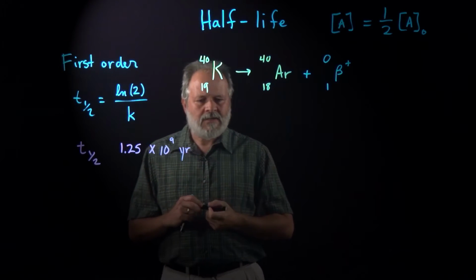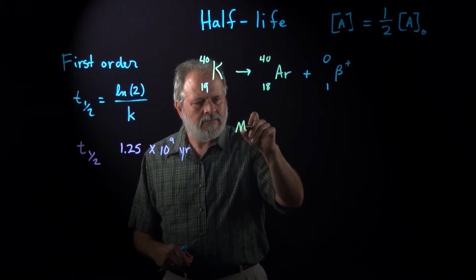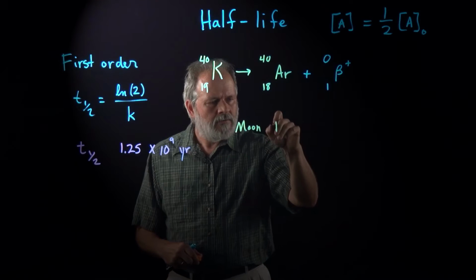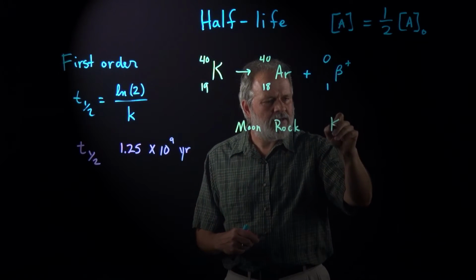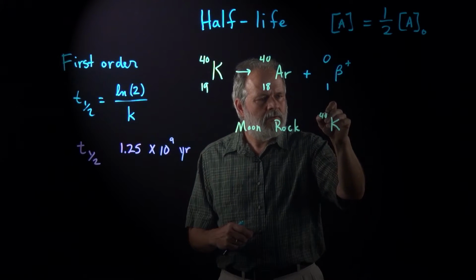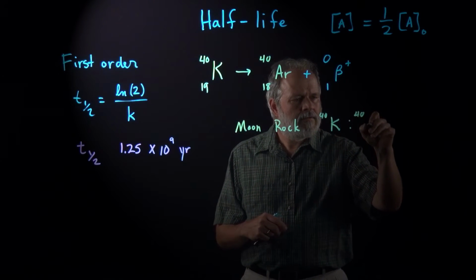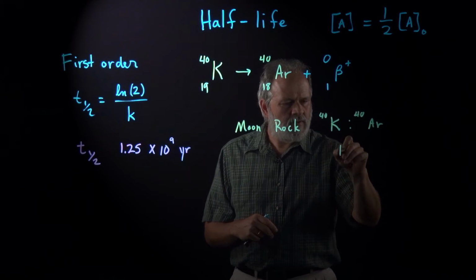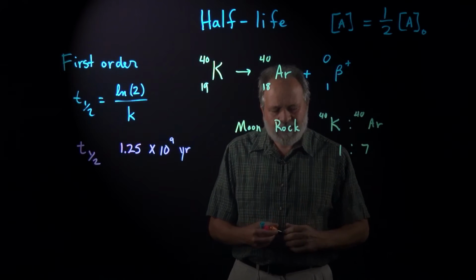The problem is we take a moon rock and we analyze that the potassium to argon ratio is 1 to 7. What does that mean, a ratio of 1 to 7?